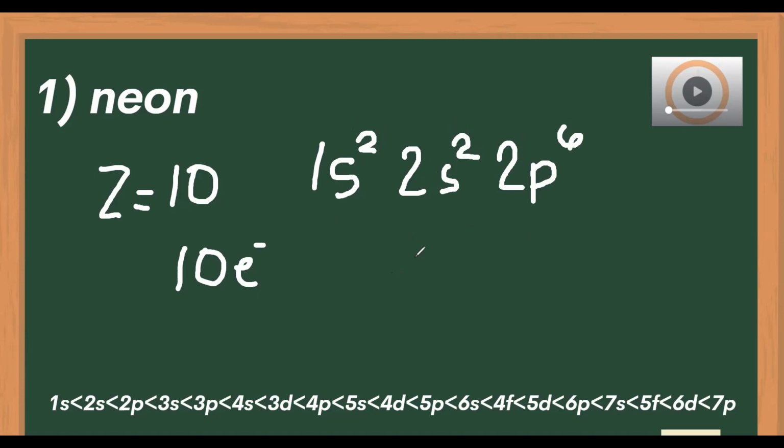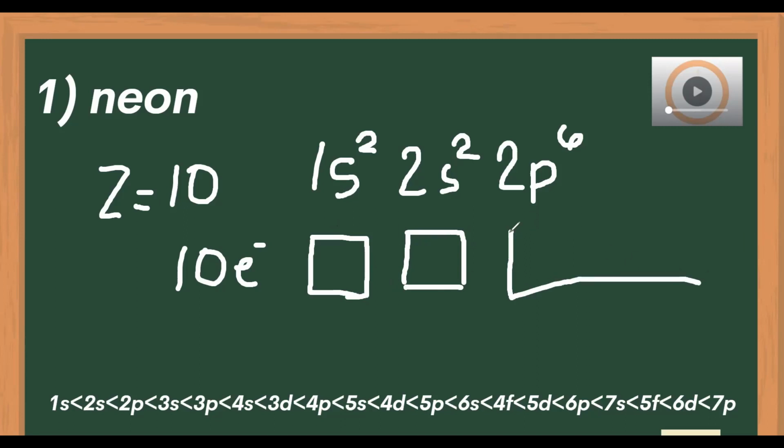So how do we write its orbital diagram? Let's say, for example, this is the orbital for 1s, this is for 2s, and this is for 2p.